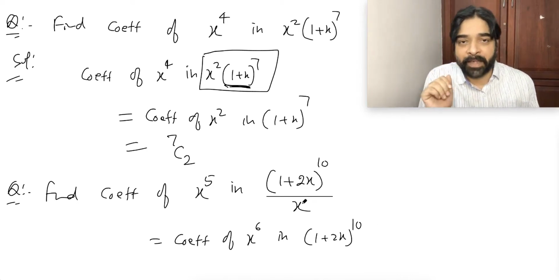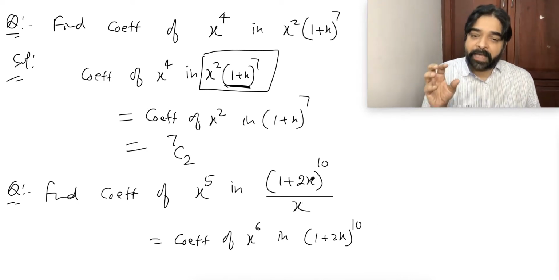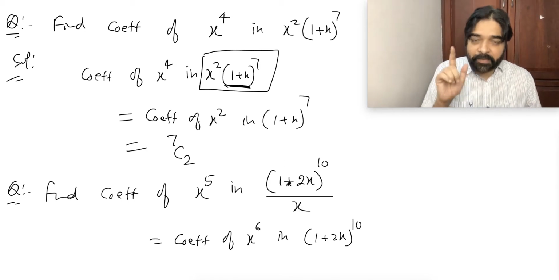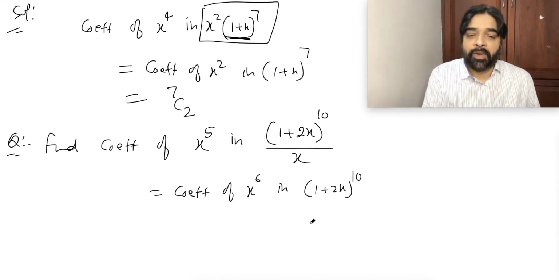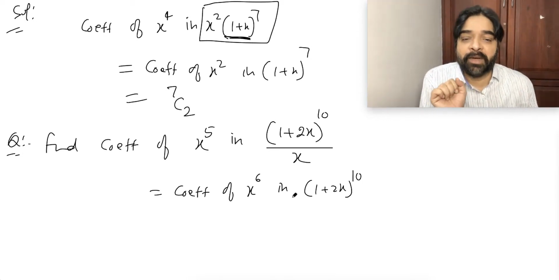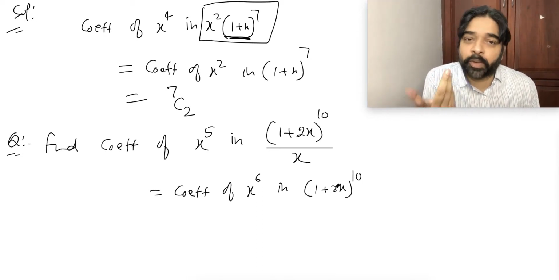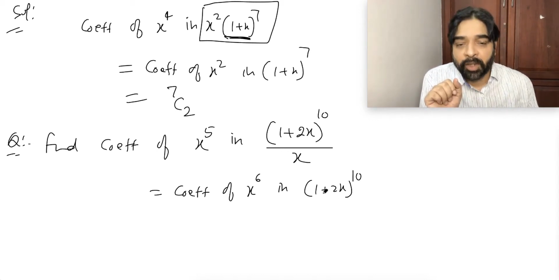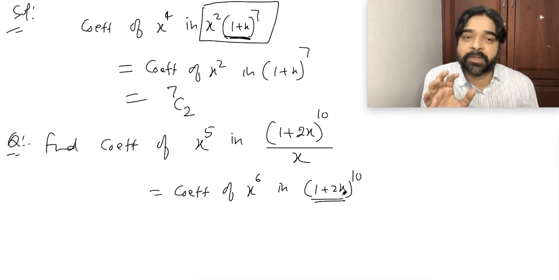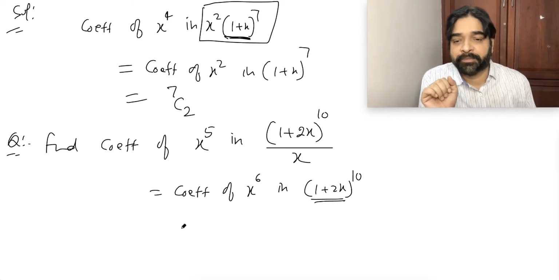Because x is in the denominator, when this gives you x^6, then only will it cancel one x and you will get x^5. Now, when will x^6 come? 2 cannot give you x^6. This whole term will give you x^6. Yes or no? So if you expand this, the x^6 coefficient will be what?